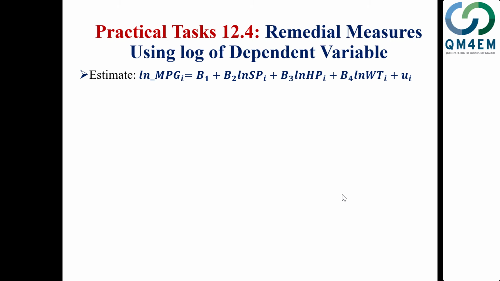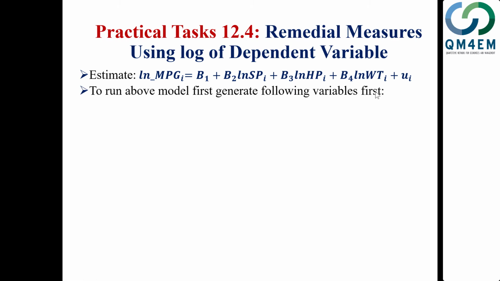We have to estimate this model: log of MPG regressed on log of SP, log of HP, and log of WT. This is not that difficult, just a straightforward task again. But you have to have the log of the dependent variable and the logs of the independent variables available, and only then can you run this model. So we first need to have the new variables generated.